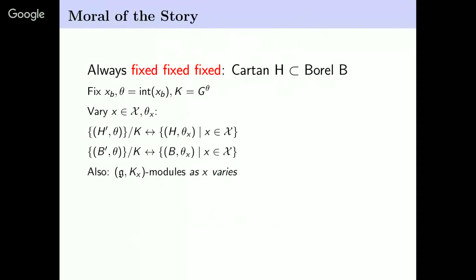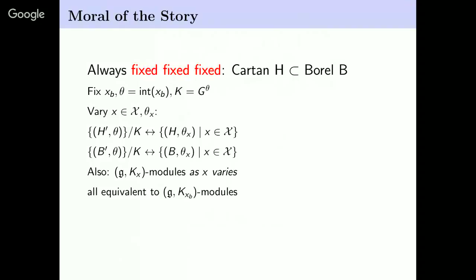Another important point is that we're going to be talking about (g,K_x) modules, and now x is going to vary, and these x's are all conjugate to xb, but they're only conjugate to it. So these K_x's are conjugate to this original K, but they're not literally equal.